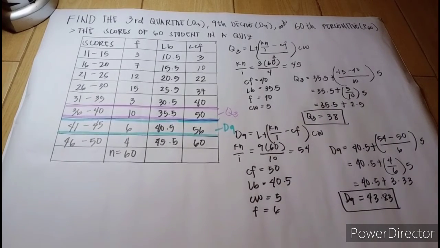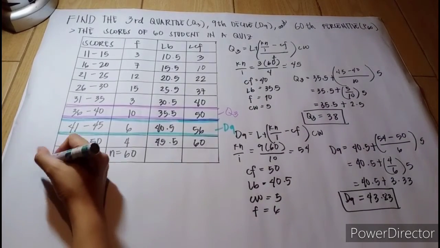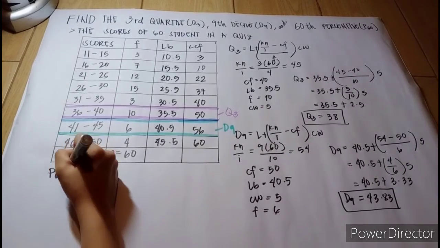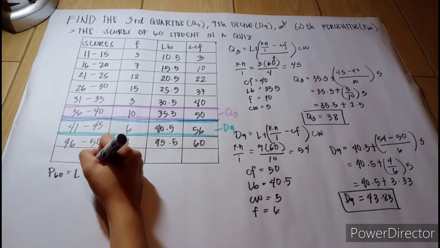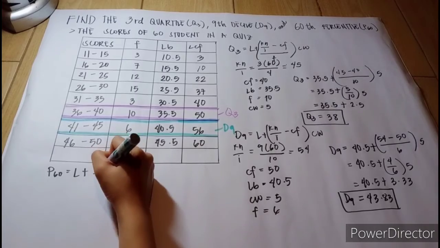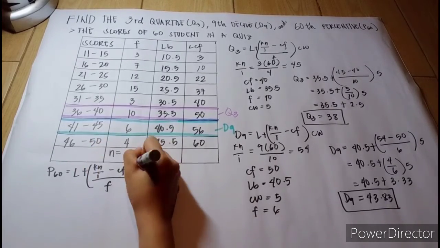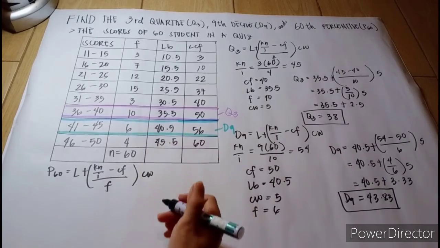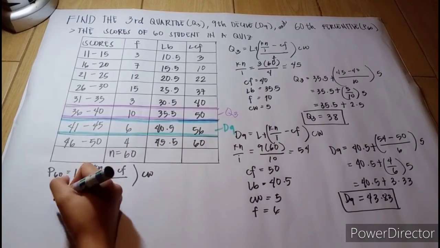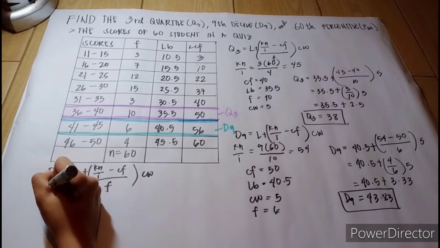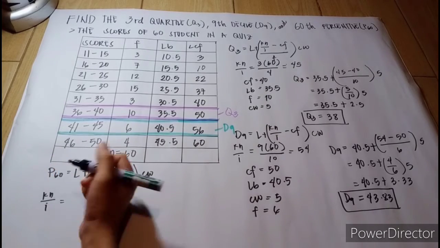So next, to find the 60th percentile, this is the formula. So again, we need to find the kN over 100.